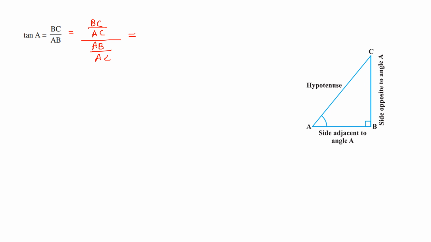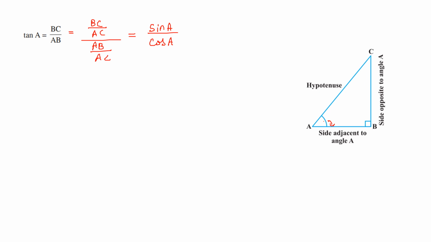So BC by AC I can write as sine A. And AB by AC is cos A. The cos A ratio is adjacent side by hypotenuse, and the adjacent side for cos A is AB, and hypotenuse is AC. So it is cos A. So the relation is tan A is equal to sin A by cos A.